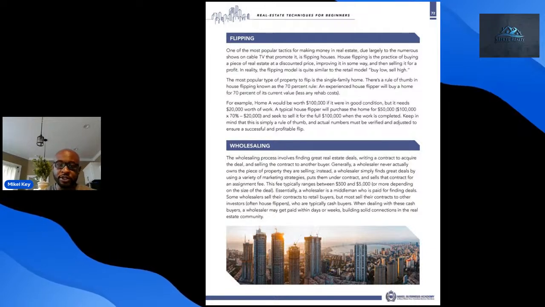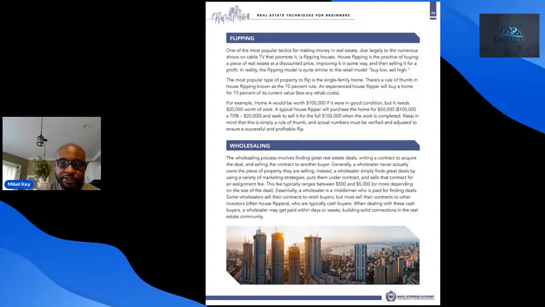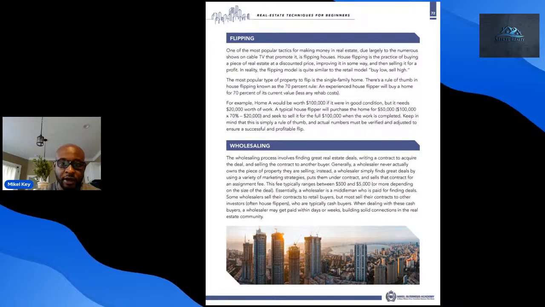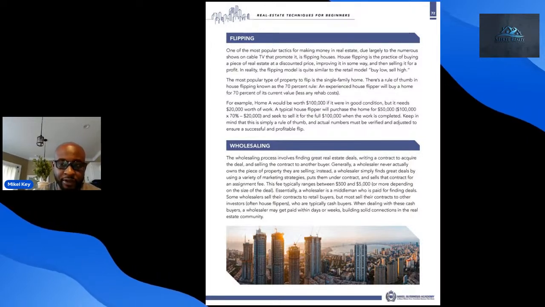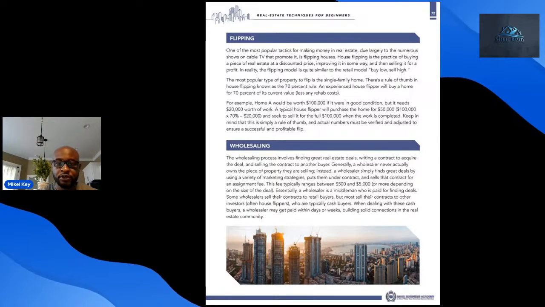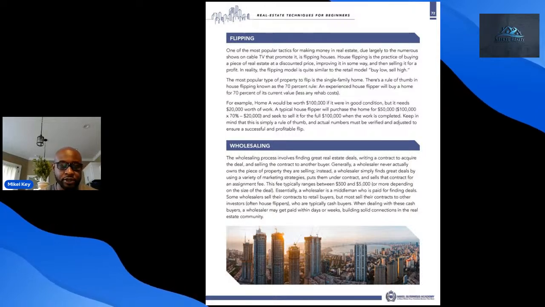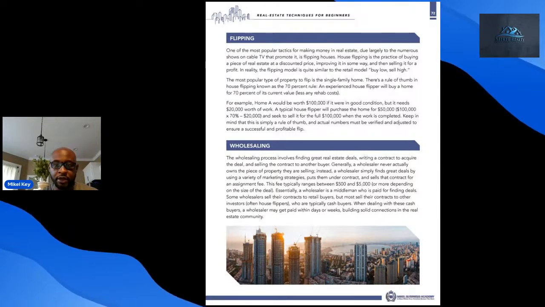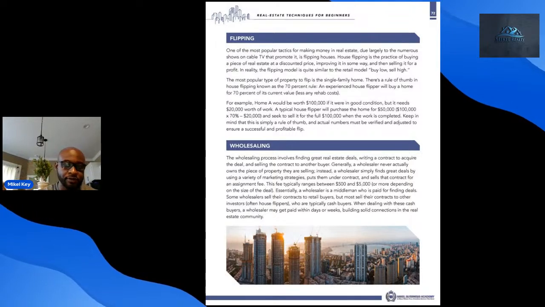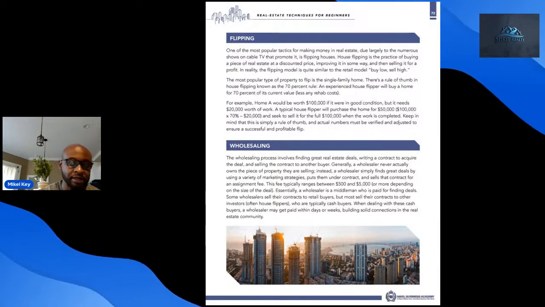Now, the 70% rule says that you don't want to invest more than 70% of the home's after repair value in the renovation cost and the cost to purchase the property. So, for example, if the after repair value is $100,000, you can invest no more than $70,000, because 70% of $100,000 is $70,000.